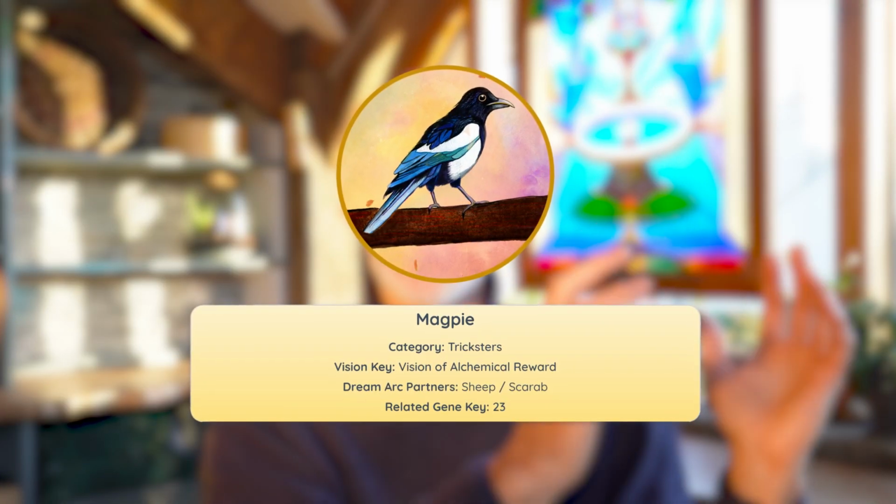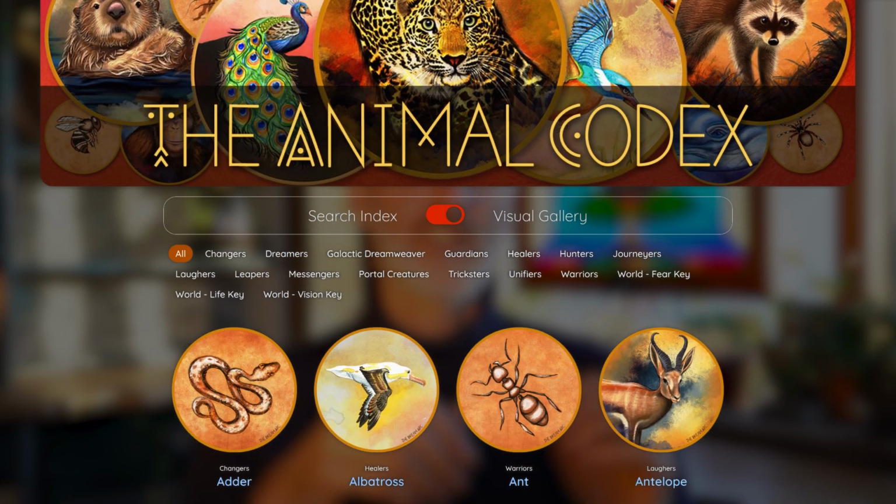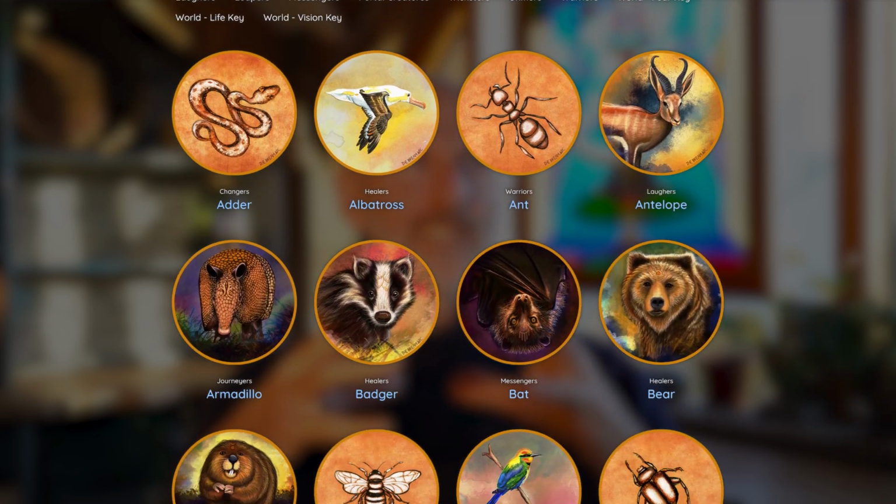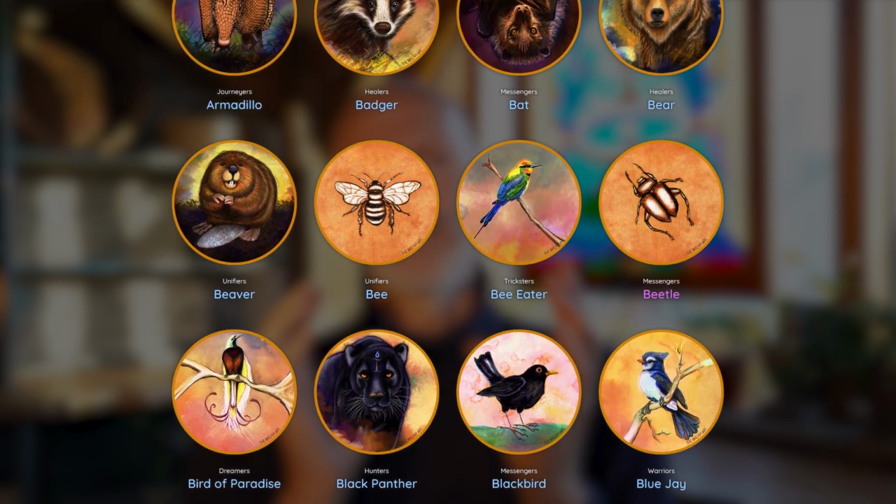And the magpie in the Dream Arc is one of the tricksters. There are these different categories. So it's a trickster. I thought, well, if I'm going to work with a trickster, some interesting things are probably going to happen. So I accepted that. And the way you work with the Dream Arc is you take one creature at a time. You work with it at an intuitive, imaginative level.